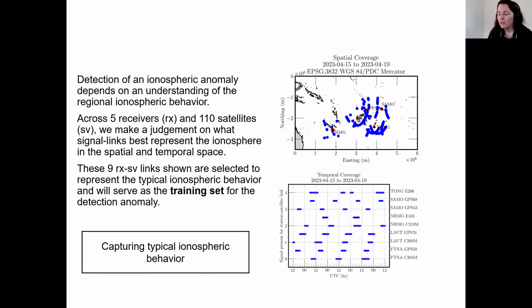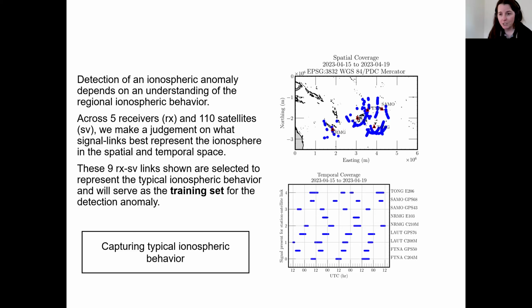And so we are looking here at kind of a coverage map, so this spatial area that we're covering, and also time. And so this is about 4 days of coverage between these select stations and these select satellites.